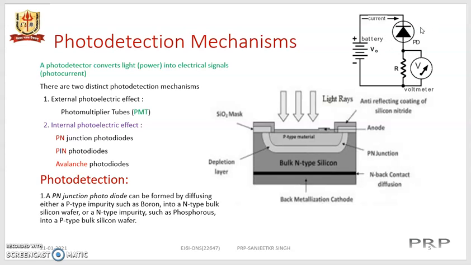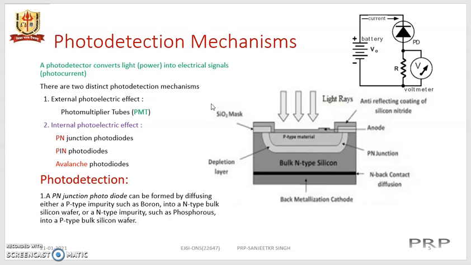Whenever light falls on this photodiode, electron hole pairs are generated, and they are separated due to the reverse-biased electric field. Current flows through the resistor R, and thus pulses are generated across the resistor.